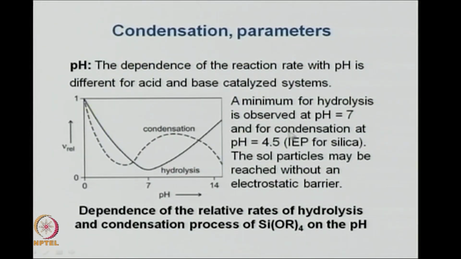This is, of course, for silica, and at pH around 4.5, which is the isoelectric point for silica, you have the minimum condensation. Minimum for hydrolysis is at 7, and minimum for condensation for silica is at pH equal to 4.5, which is the isoelectric point for silica. So, the dependence of the reaction rate on pH is very dramatic, and it depends a lot on whether it is an acid or base catalyzed system.